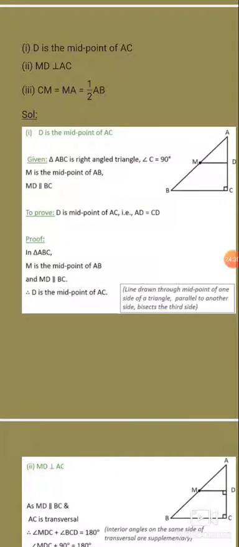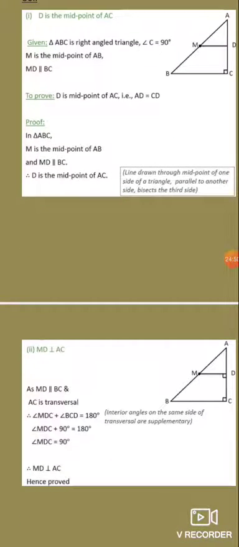Now, in triangle ABC, M is the midpoint of AB and MD is parallel to BC. Therefore, D is the midpoint of AC. That is, a line drawn through the midpoint of one side of a triangle parallel to another side bisects the third side, converse of that.